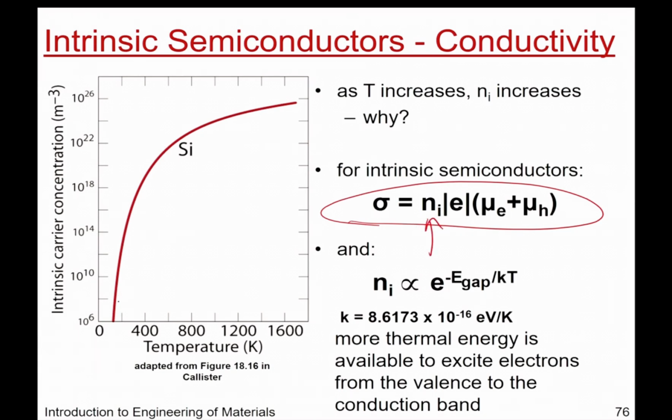If the number of carriers is increasing, then your conductivity will increase. Mobilities also change with temperature; they're not always constant.